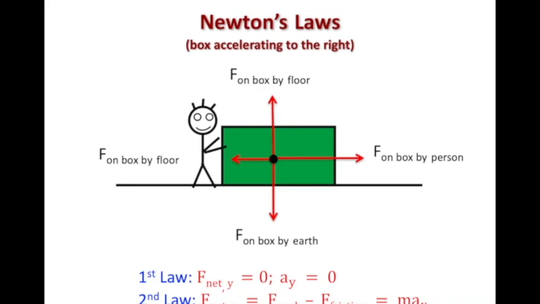That's what the second law is, and we know that ax is positive because we're told that the box is moving to the right. So the box is speeding up to the right, and the exact magnitude of that acceleration is related to how strong the push is, how strong the friction is, and what the mass of the object is. But because F push is bigger than F friction, this is positive, and so this is positive.